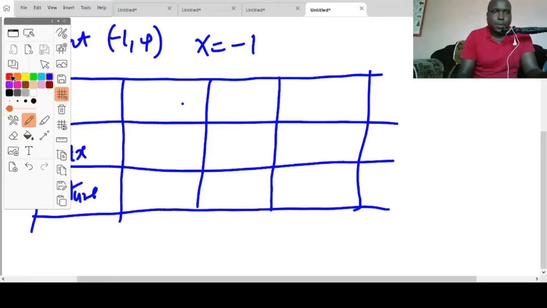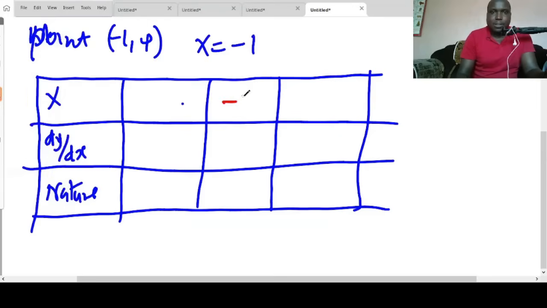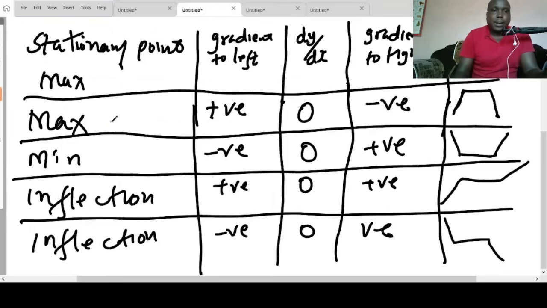So we take our -1 here, the value of x. So you see here is x, here is x. So the x here, we put in the middle, and we make one to the left and one to the right. In the middle we had the gradient. You are going to see that the gradient, dy over dx, is always going to be 0.